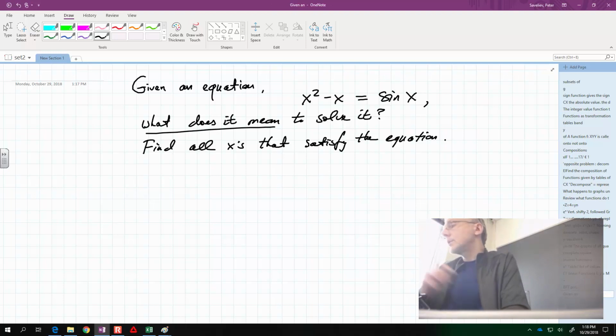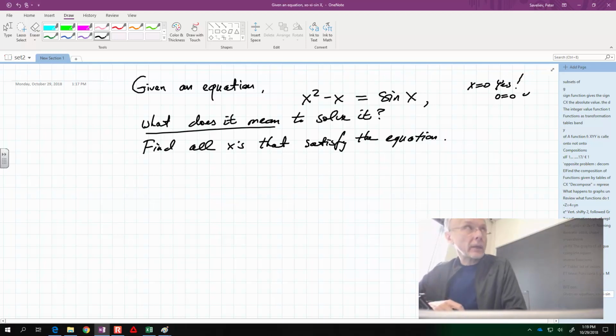You have to find all numbers x that, when substituted, that's what I mean by satisfy, into the equation give you equality between the left-hand side and the right-hand side. You can easily check it. If I plug in x equals 0, then yes: 0 minus 0 is 0, and sine of 0 is also equal to 0, so you have 0 equal to 0, and that's how you know that the equation is satisfied.